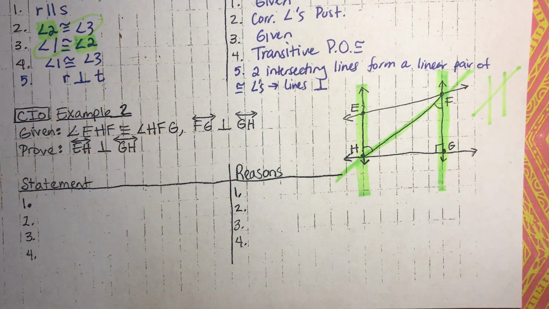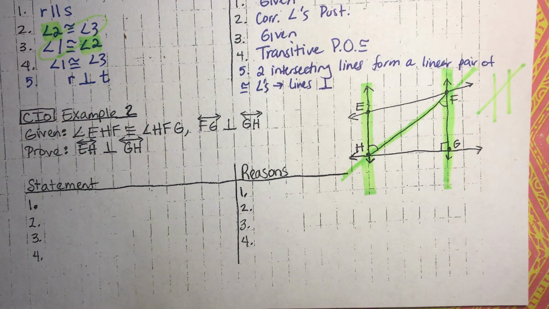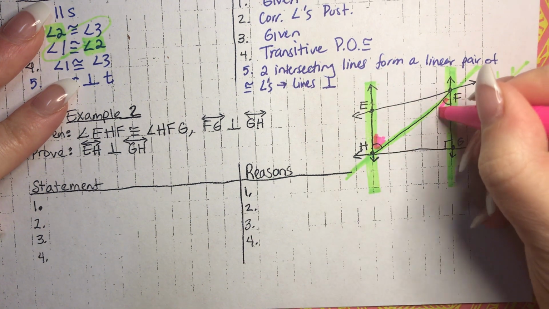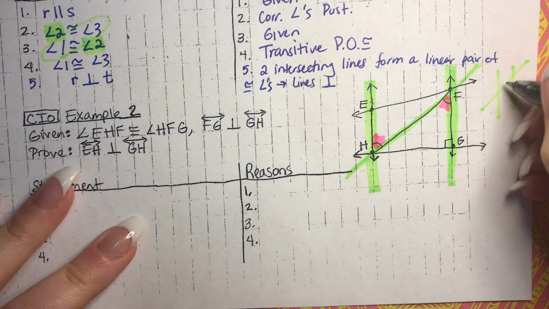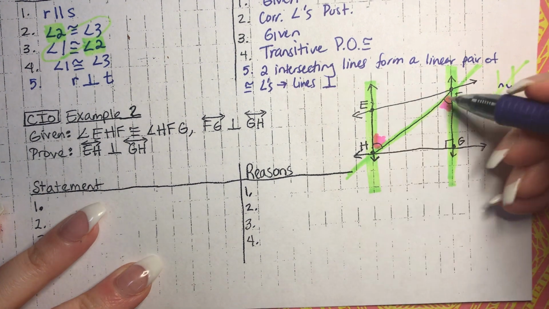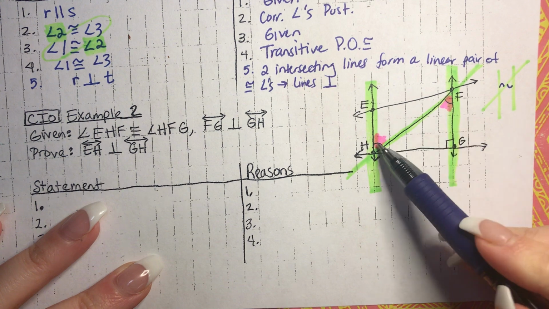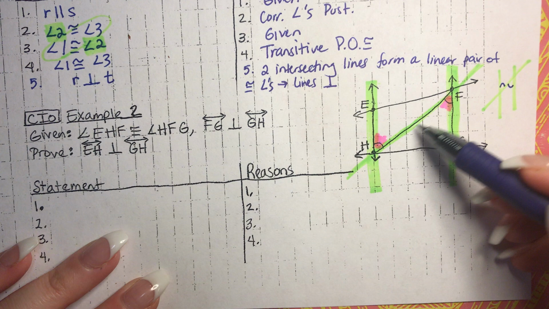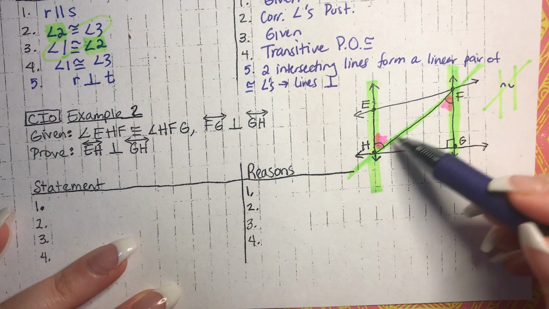So that's what we have here, except what they're stating is that these two angles are congruent, which would be the ones right here and right there. If we think about this as two lines and this is our transversal, we want to think about why they are giving us these angles. They're saying that they're congruent, so what type of angles are these?